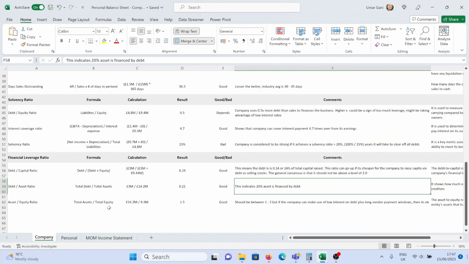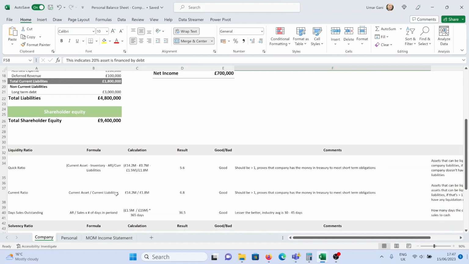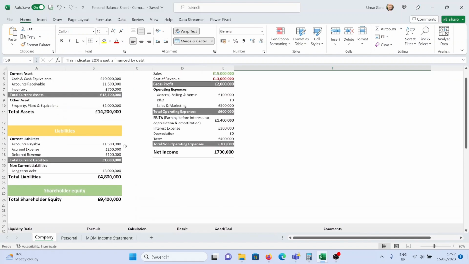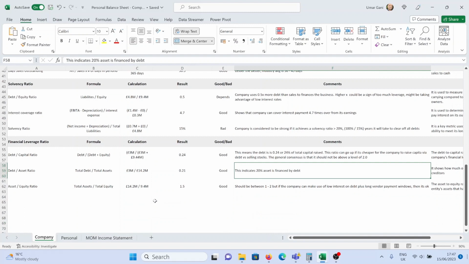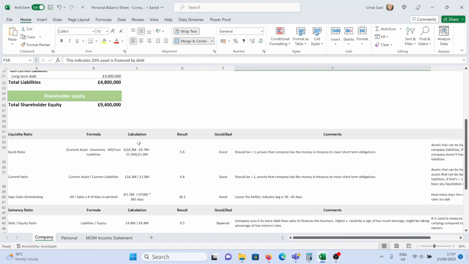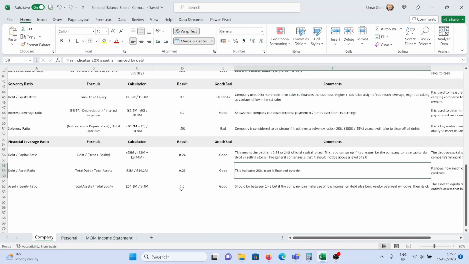So the next one is about the asset to equity ratio. It is calculated by the total asset divided by the total equity. So the calculation goes like, total asset is 14.2 million, divided by the total equity, which is 9.4 million. That is the shareholder equity. So the value is 1.5. Generally the industry standard is somewhere between 1 to 2.